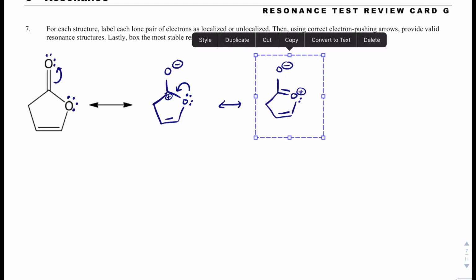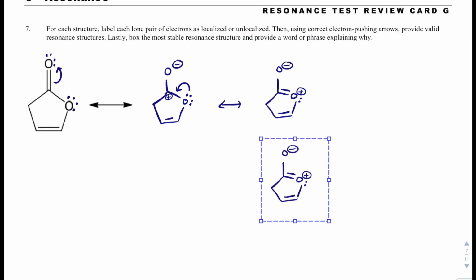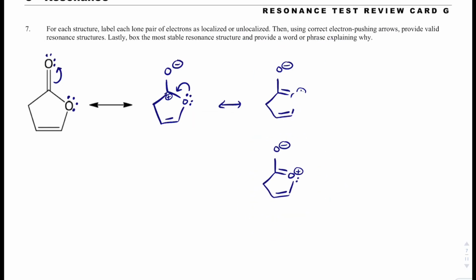I would agree with you if you said that this looked okay for a second. But that would give oxygen 1, 2, 3, 4 bonds, which oxygen can have, but it would give it one lone pair, and that's just not going to happen. So this one's actually done.